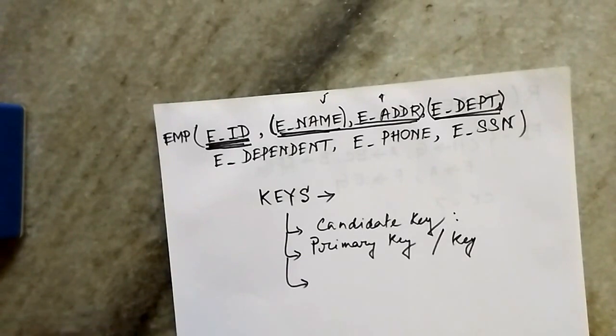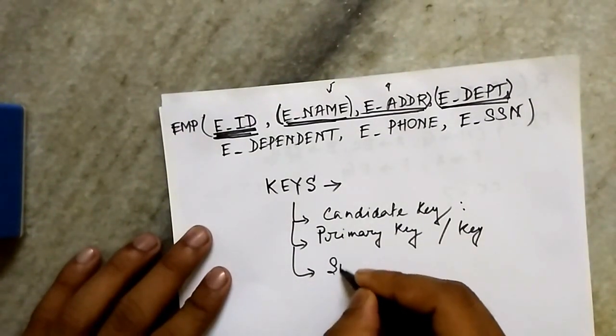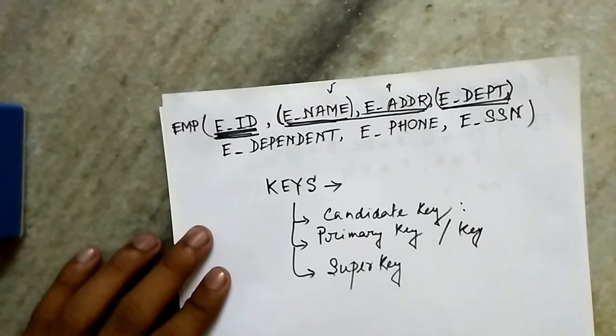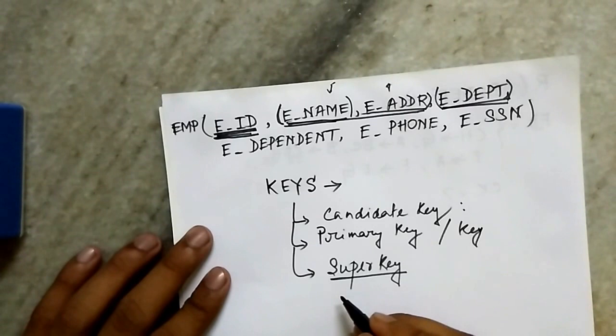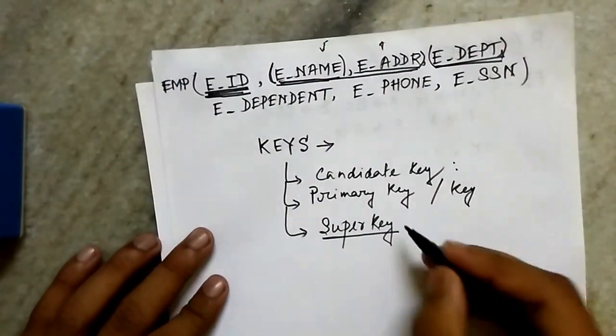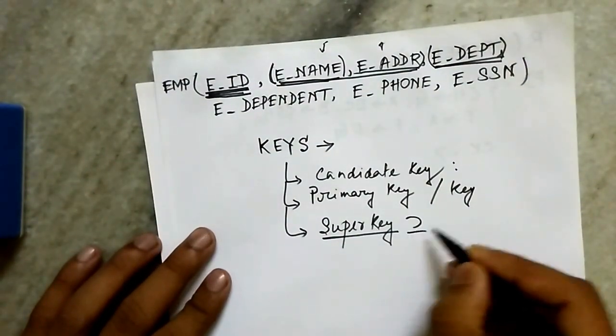Next, super key. Super key is actually a superset of candidate key.